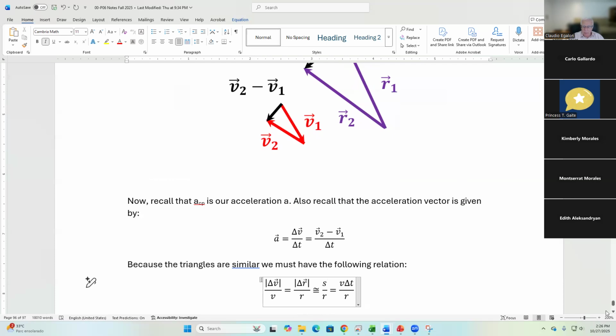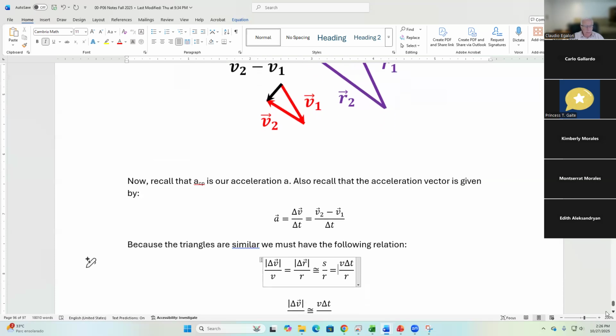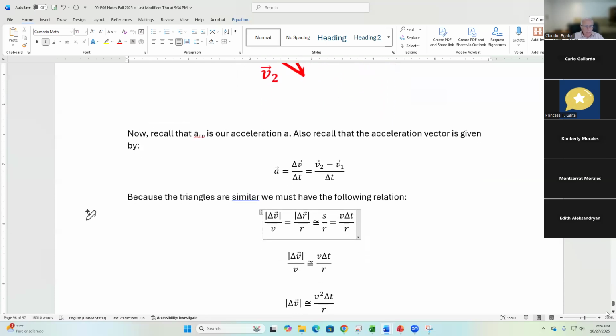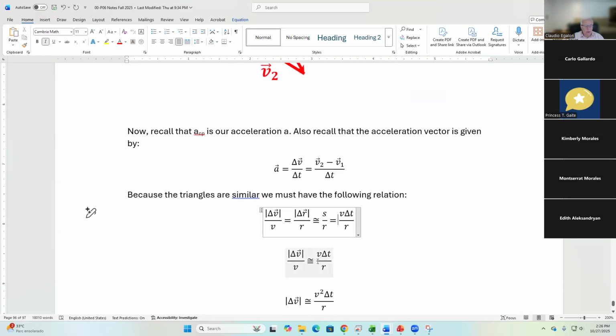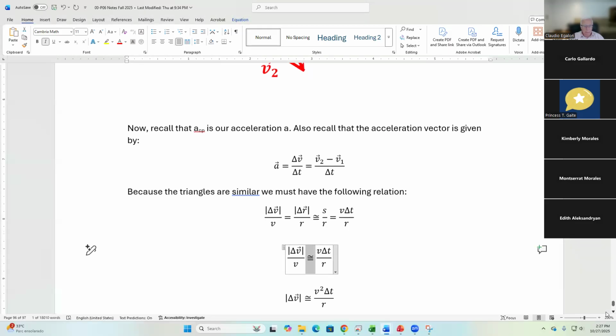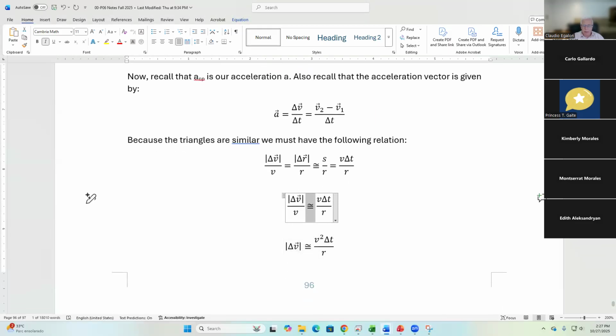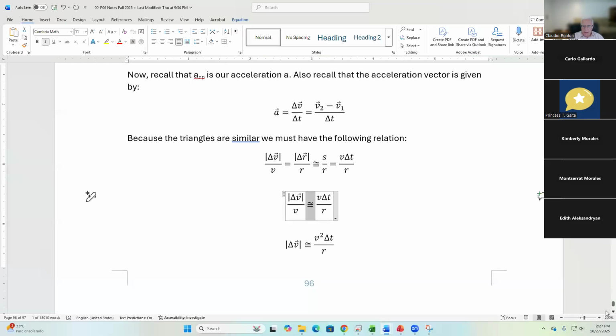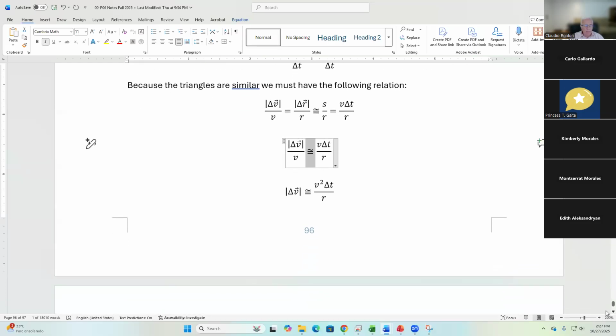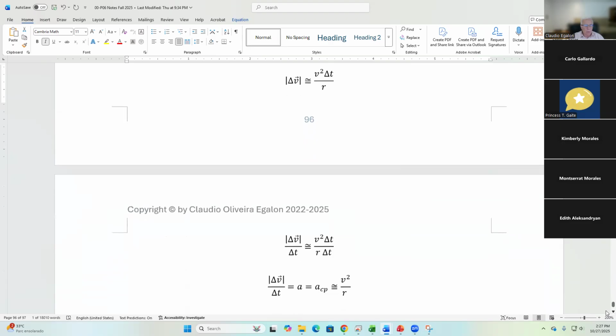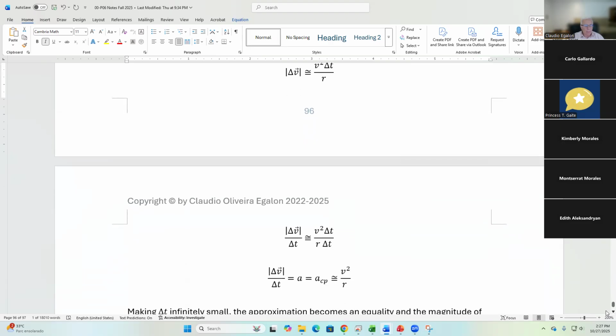Because S is equal to V delta T, we have this approximation. We solve for delta V, divide delta V by delta T. So when we do that, we are dividing both sides by delta T. Delta V over delta T is an acceleration.